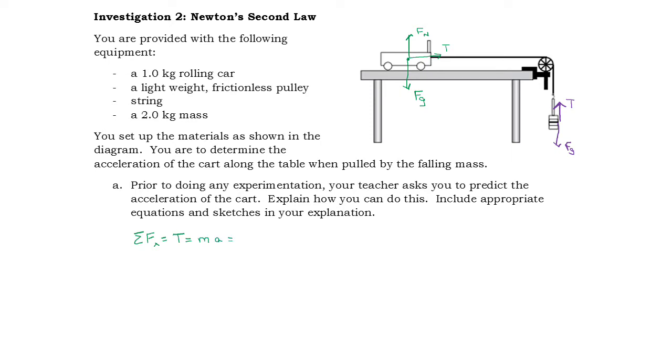And the mass of that cart is 1 kilogram. And so we can say our tension is equal to A. Looking at the falling mass, since this cart is going to slide to the right and I made that positive, this is going to slide down, so I have to make that positive.